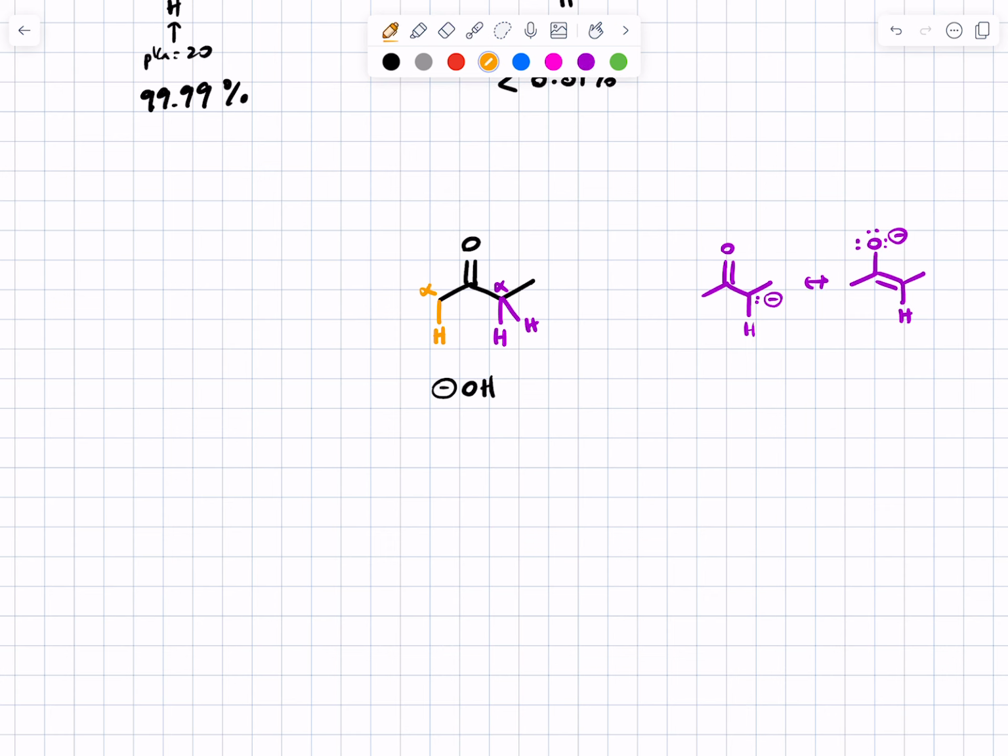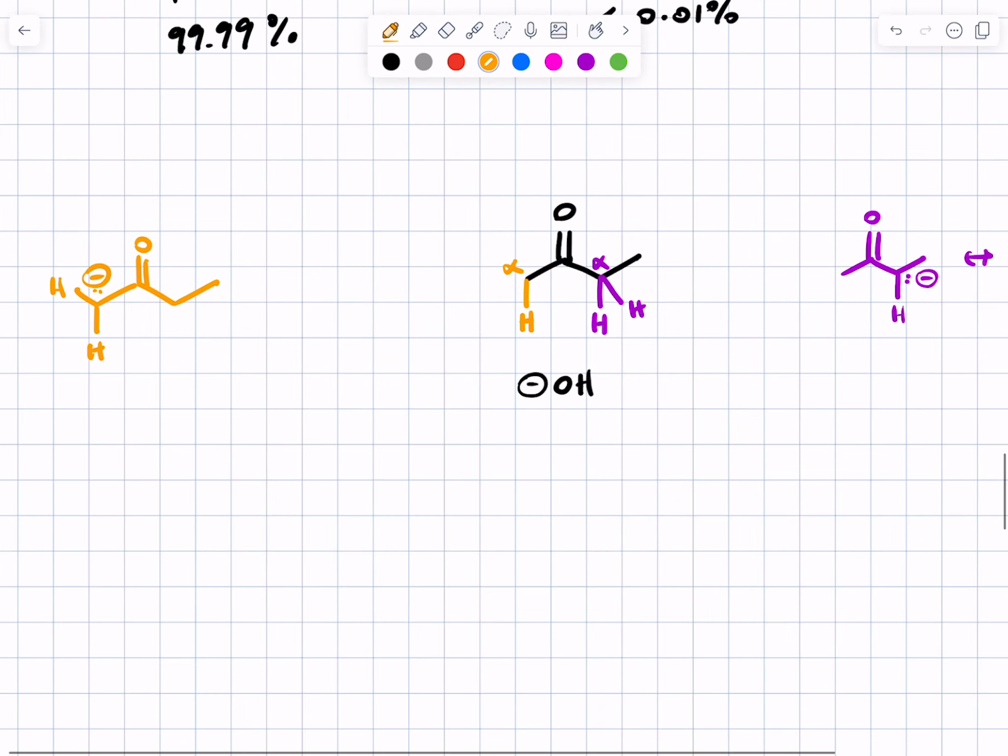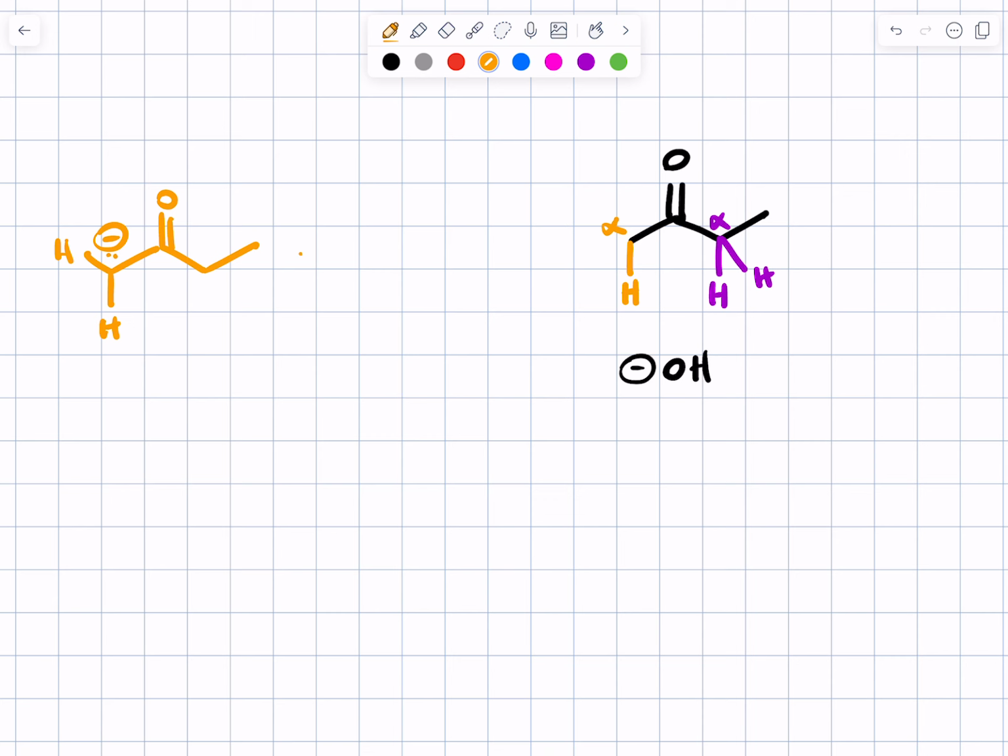If I deprotonate on orange alpha carbon, I get this enolate. And I will also draw its resonance structure, which looks like this.